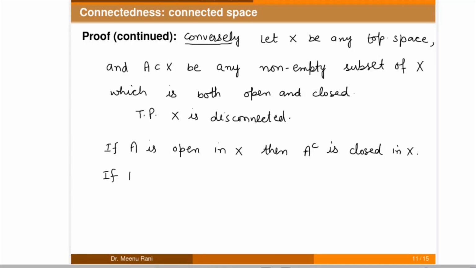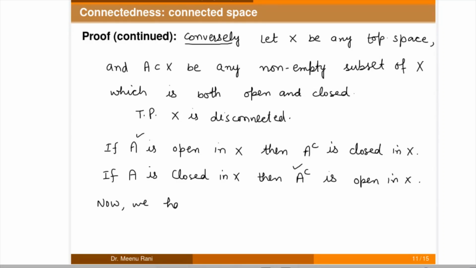If A is closed in X, then its complement is open in X. So now we have two open sets here, A and A complement in X, which are disjoint.